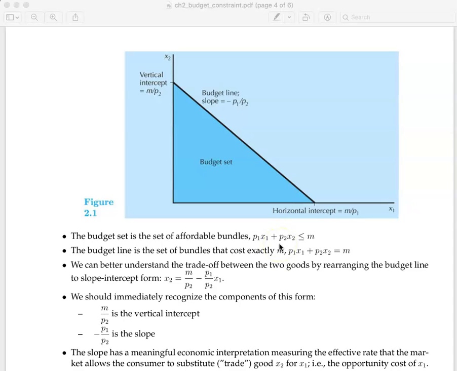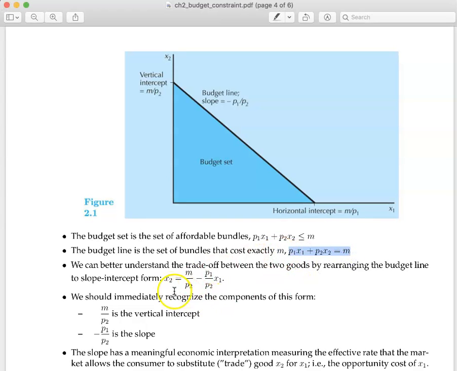To analyze this and use it, it's more familiar to put this graph in slope-intercept form. So we rearrange this equation, right? We rearrange that to be in slope-intercept form. So we write x2 as a function of x1 given prices and income. That's just a straightforward little algebra problem.